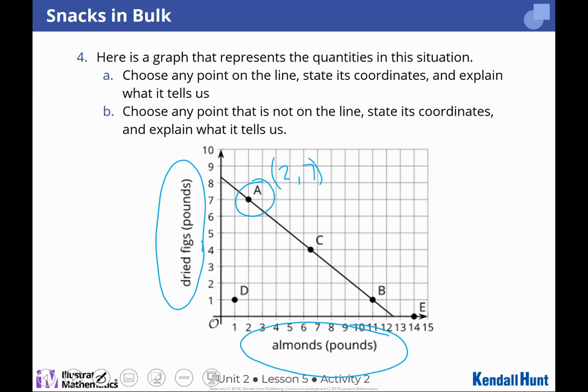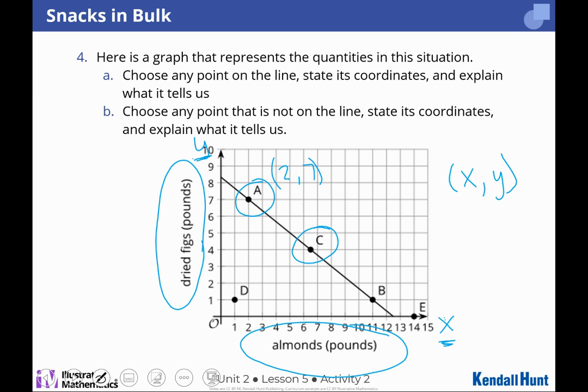So this coordinate always comes first, and then this one always comes second. So when you see an ordered pair, this is the first number, something along the bottom axis, and this is the second number, the value up the side. So 2, 7 means 2 pounds of almonds and 7 pounds of figs.